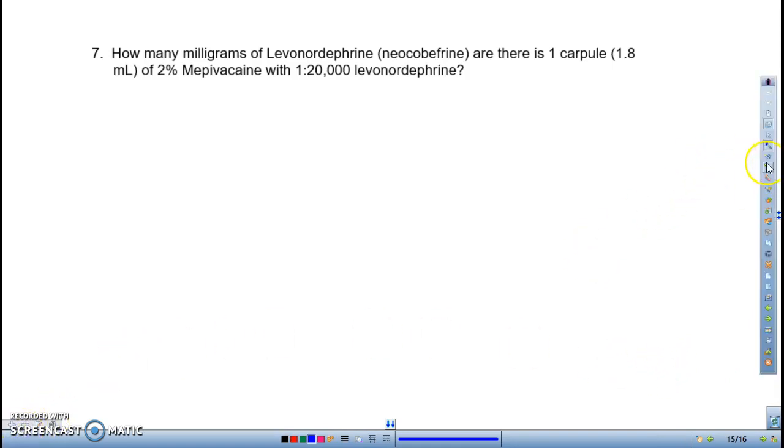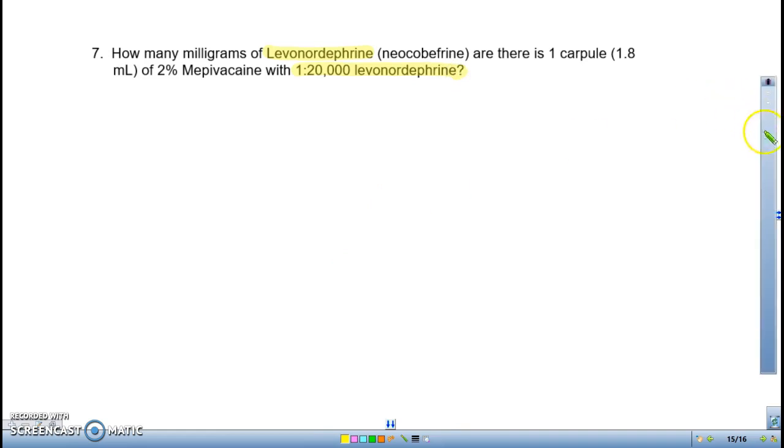Okay, question number 7 says, how many milligrams of levo are there in 1 carp? I can't pronounce it, so I'm going to call it levo. And they want you to use 1.8 milliliters per carp of 2% Mepi, with this concentration of levo in it.